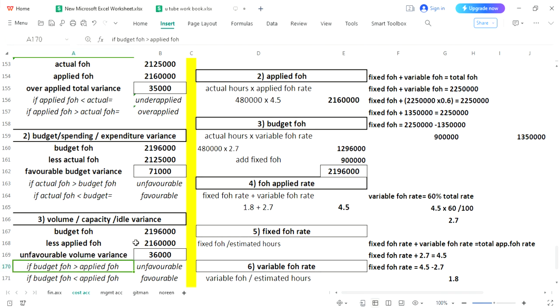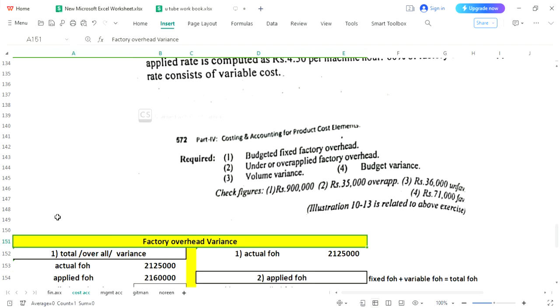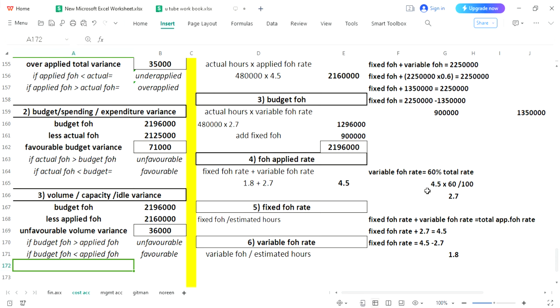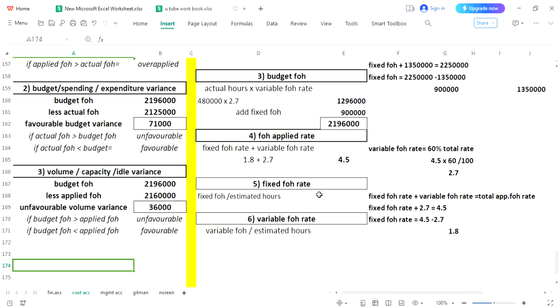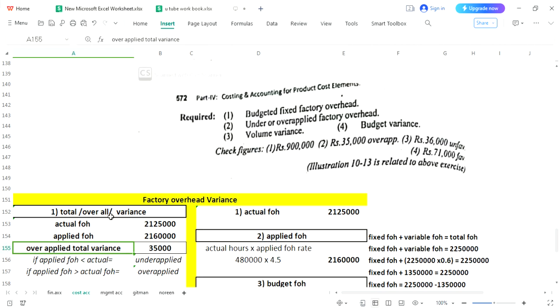36,000. Let's go. Where was the volume variance? Number 3, and it is 36,000, and our answer is also 36,000. Unfavorable is mentioned over here, and we have mentioned unfavorable as well. So it means all our answers are verified.